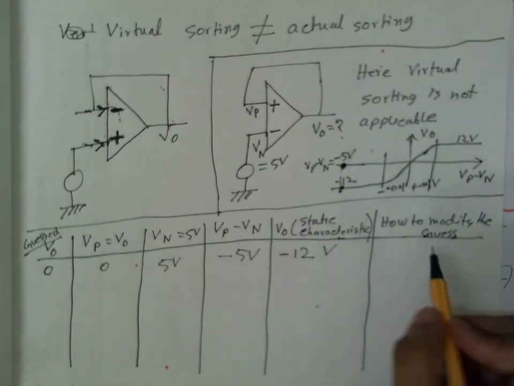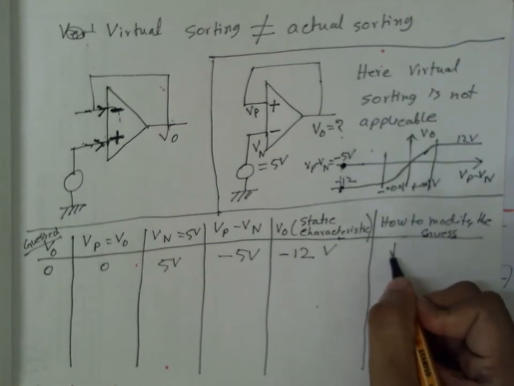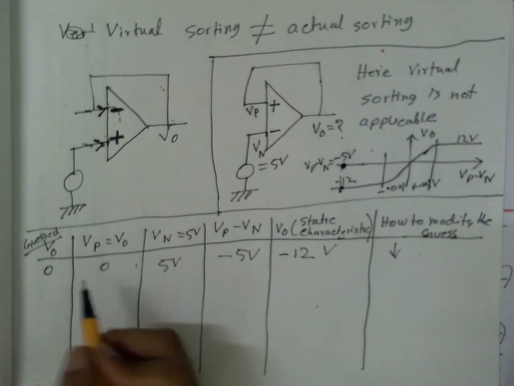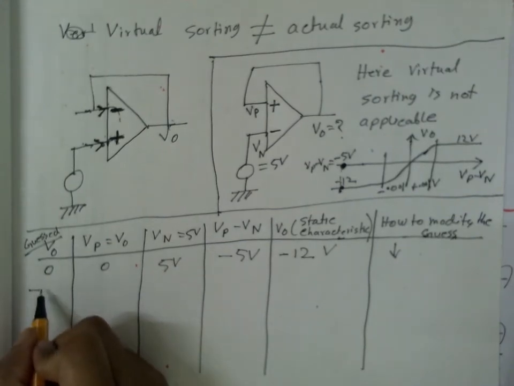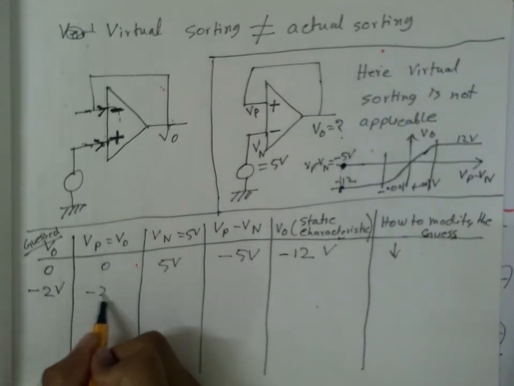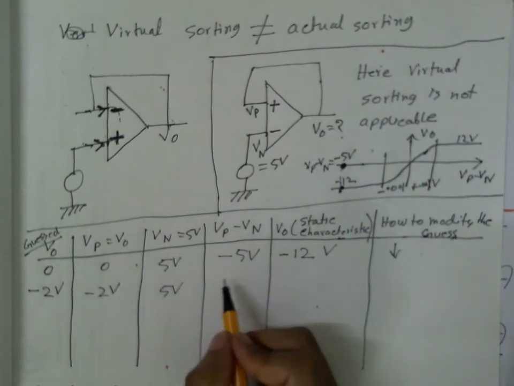So we modify our guess, and try with a lower value of V. How lower? Let's try with minus 2 volt. If this is minus 2 volt, then this is also minus 2 volt, and this is always 5 volt.